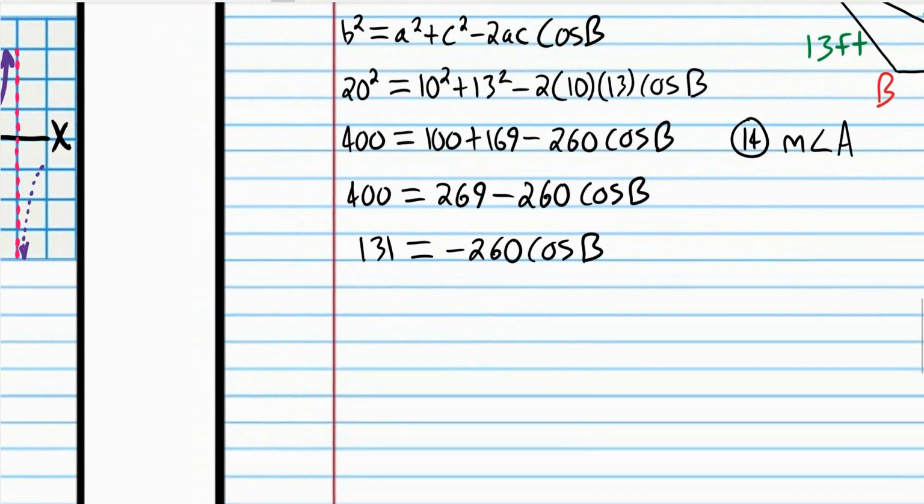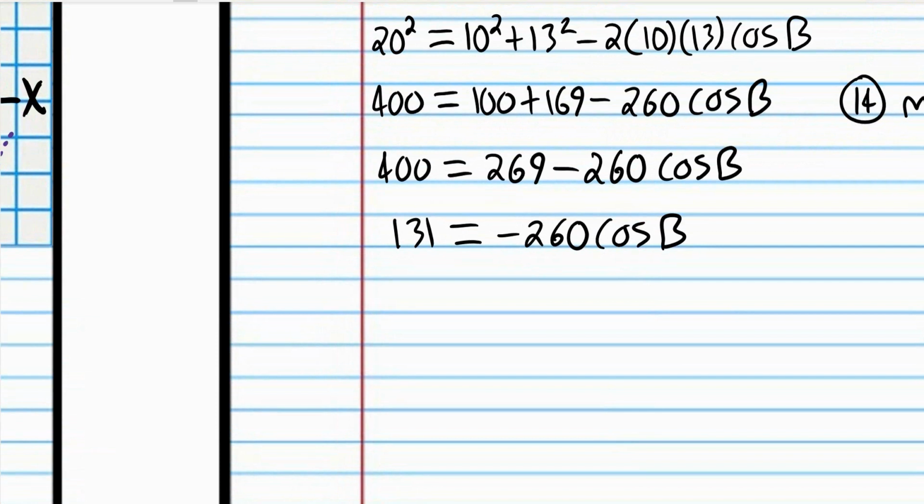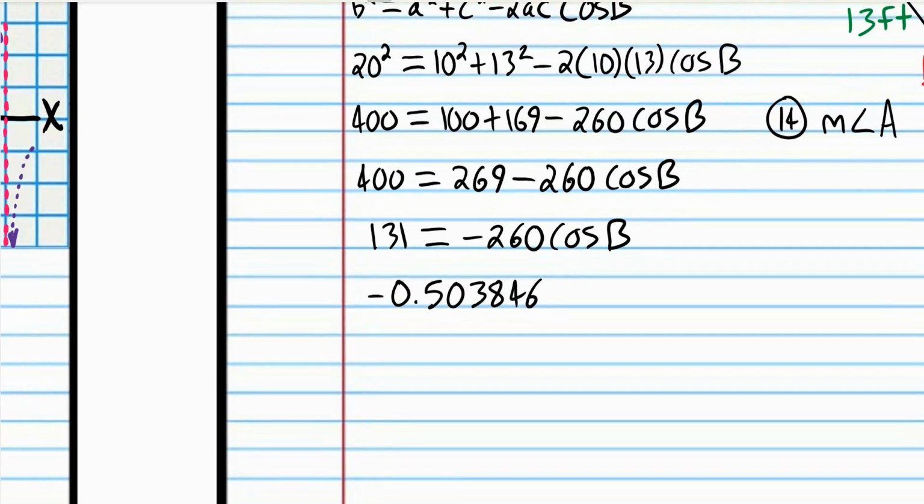Then we're going to divide both sides by negative 260. And we get negative 0.503846 approximately. And you can keep that number in your calculator. So I'm going to write 3 dots, meaning keep that number in your calculator.